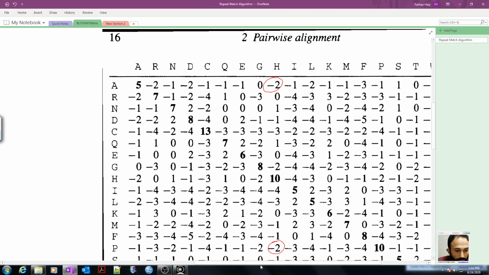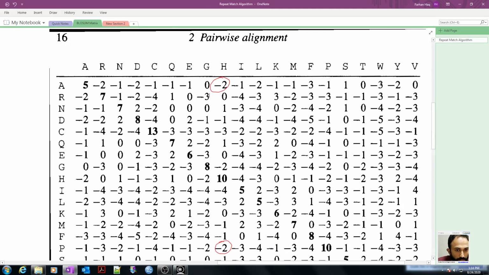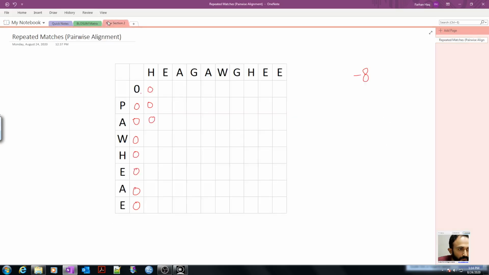For W and H, let's see, it is -3, this one. Sorry, this one, so -3. Again this is negative, so we will add 0. Right?